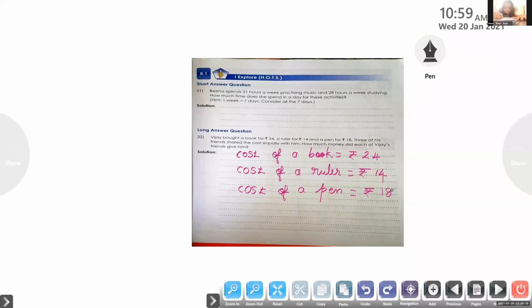Now, how will we find the total cost of all these things? What do you have to do? Do you want to add or subtract or multiply, divide? Multiply?